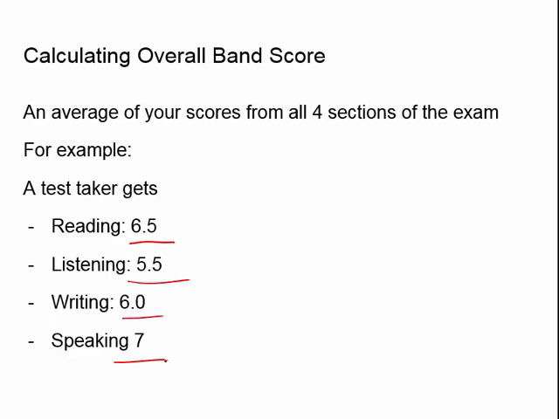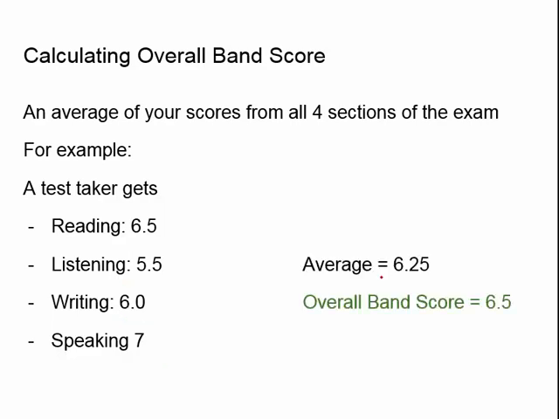When you do that, you get 6.25. So remember, scores are always in half-point increments. So this lucky student would have their score rounded up to the next half point, 6.5.